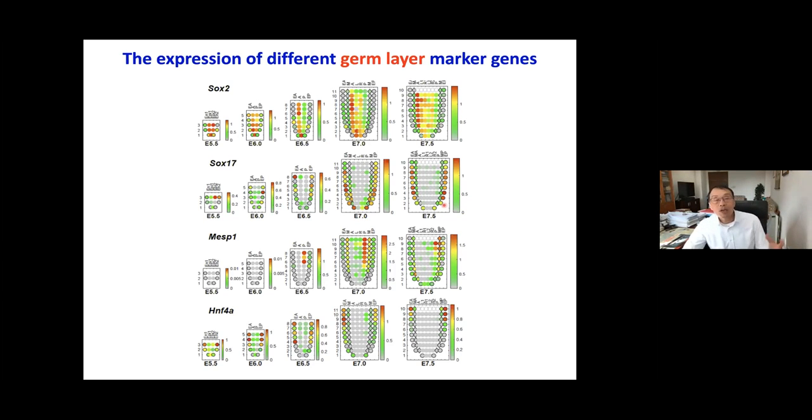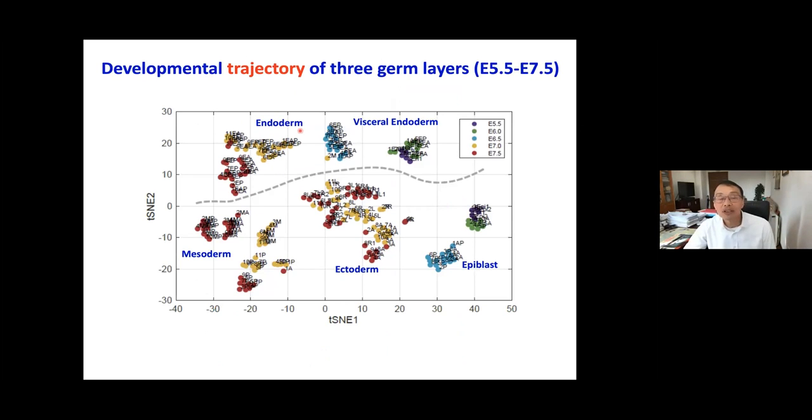When we finished all the sample collection, we put the embryonic day 5.5 to 7.5 samples together. We tried to calculate the developmental trajectories, but we found the endoderm samples cannot merge with ectoderm and mesoderm cells. They're always separated.